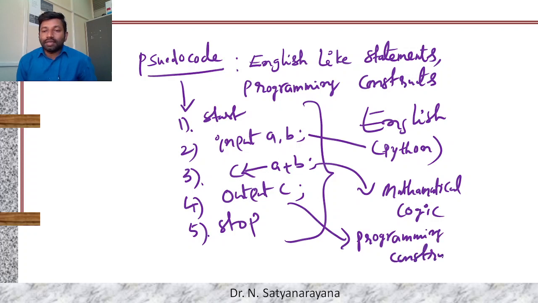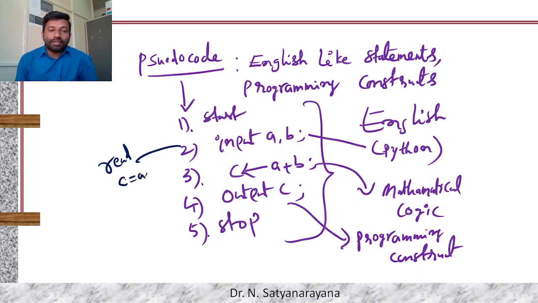And somebody can also change the statements like this. So you can see input can be, somebody can write it as read A comma B. And of course, in pseudocode normally equal to operation is represented.